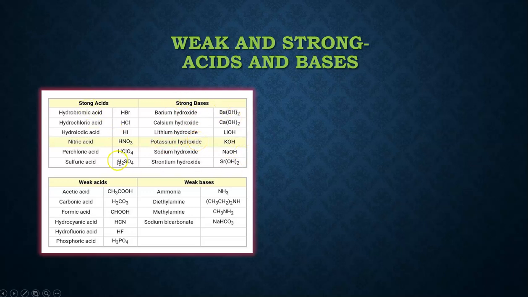These strong acids and bases are mostly used in experiments in labs. All the organic acids are listed as weak acids, such as carbonic acid, formic acid, acetic acid. You might have heard these names in fruits and vegetables. Weak bases: one of the very common weak bases is ammonia, and another is sodium bicarbonate.